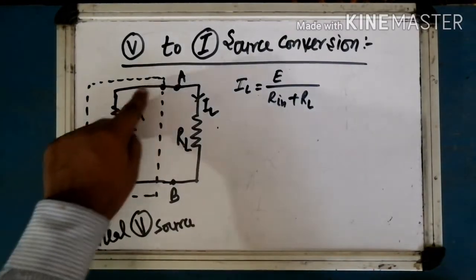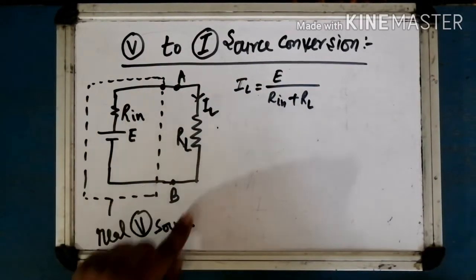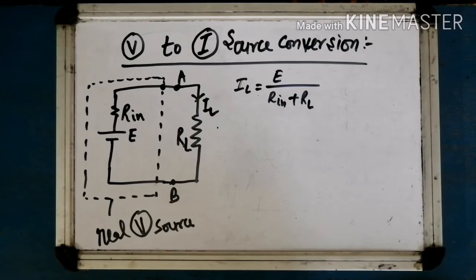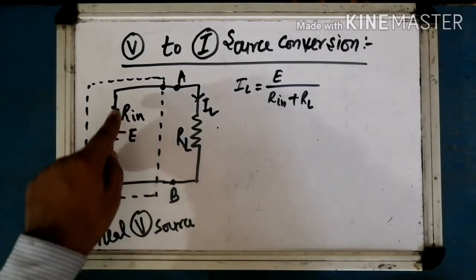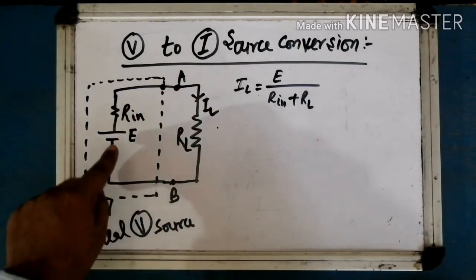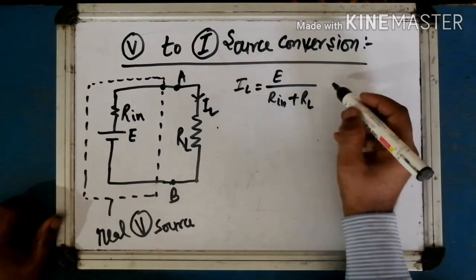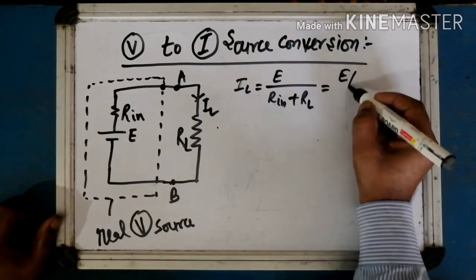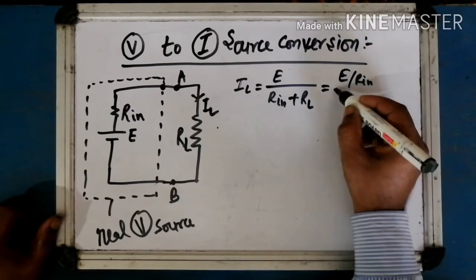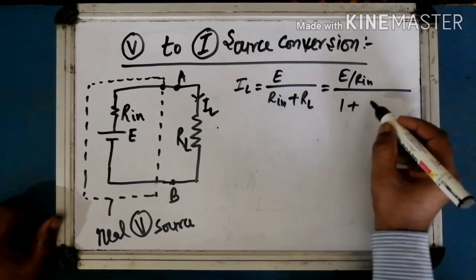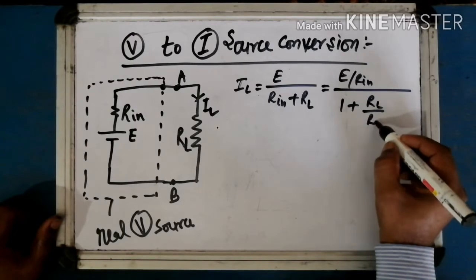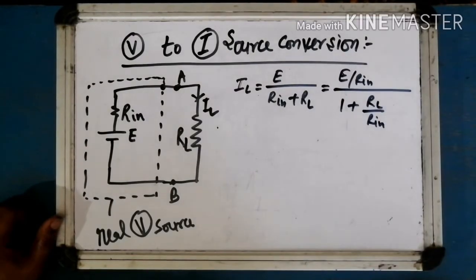These two resistances are connected in series, so the value of the load current is E divided by Rin plus RL. It becomes E divided by Rin divided by 1 plus RL divided by Rin, right?